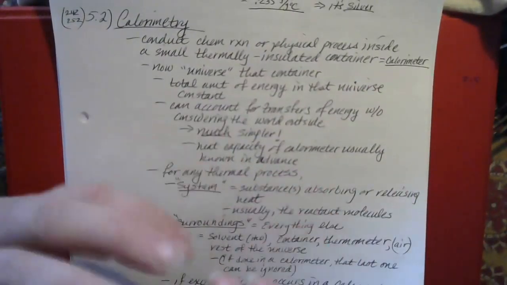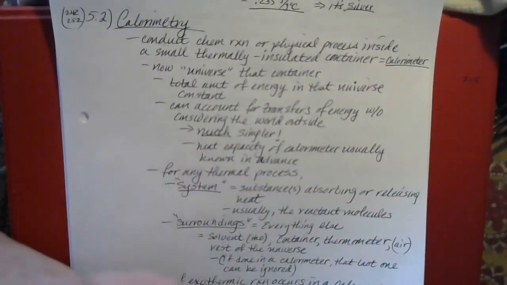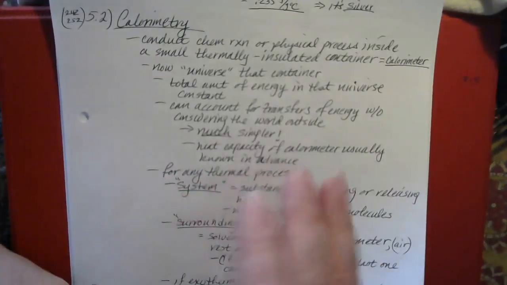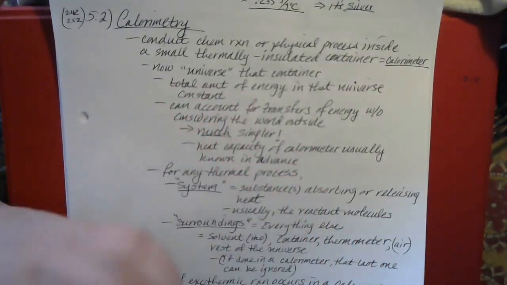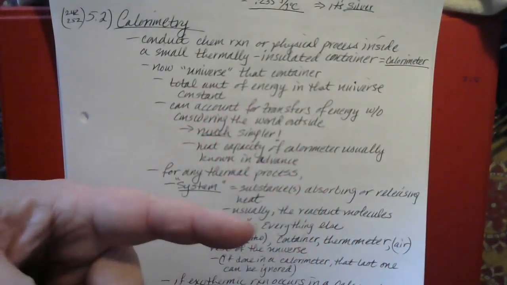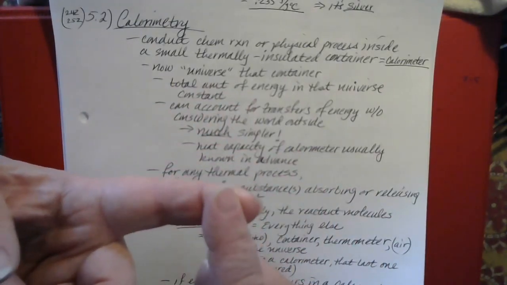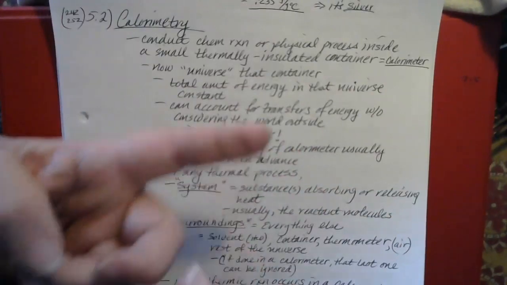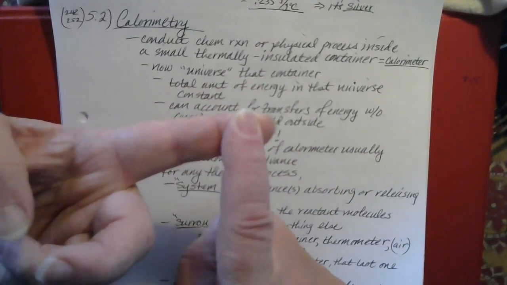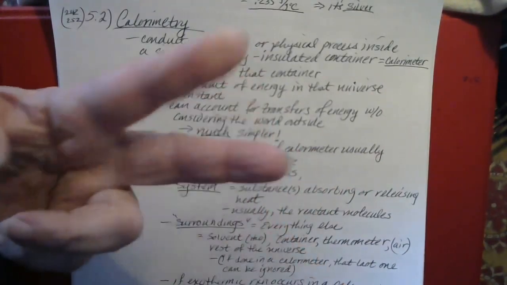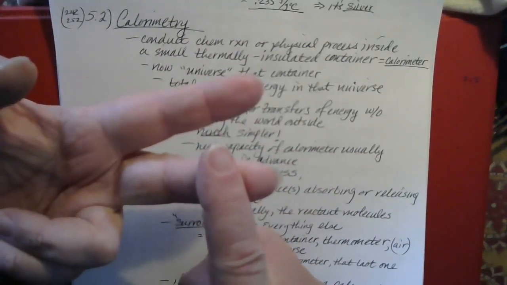So now the universe is inside that calorimeter, a sort of new semi-universe. And any heat transfer in or out is confined to the limits of that calorimeter. So now the chemical reaction, if it gives off energy, the surroundings will absorb that energy. And now the surroundings consist of nothing but the solvent, which is usually water, and the inner surface of the calorimeter.